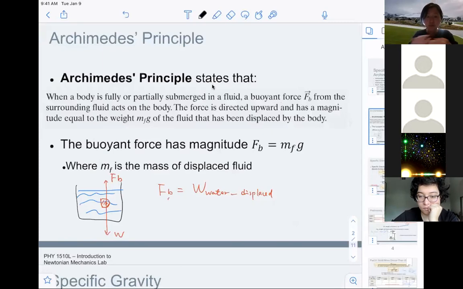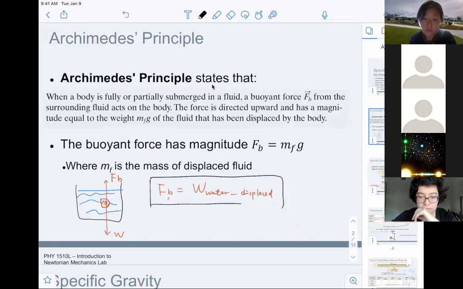So if you have a full tank and you put something in there, water spills, and if you collect that spilled water, that's the water being displaced, and you weigh it, that tells you this much force is being applied to the object to try to lift it up. So that's F_B, the buoyant force, equal to the weight of the water displaced. That is Archimedes' principle.